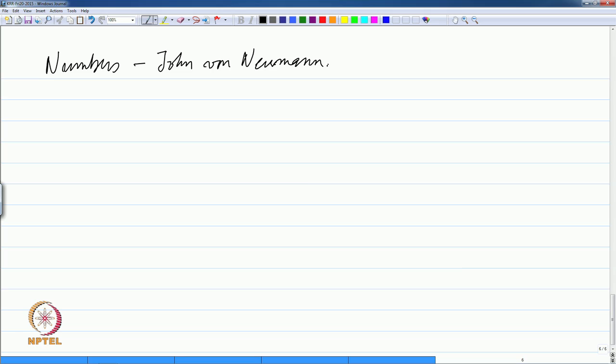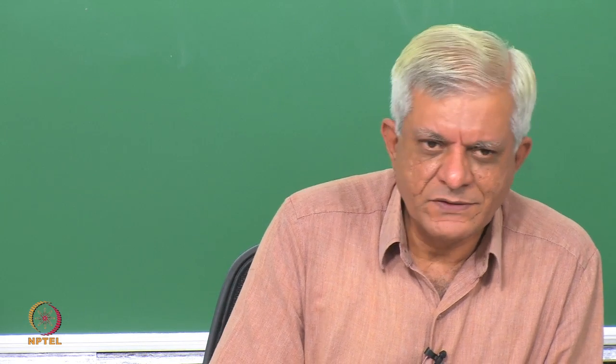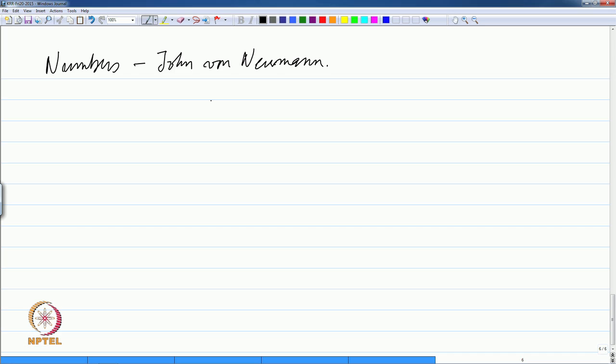So, a nice idea of what numbers are was given to us by John von Neumann, and what he essentially says is that you start off with defining 0 as an empty set, which we can write like this.